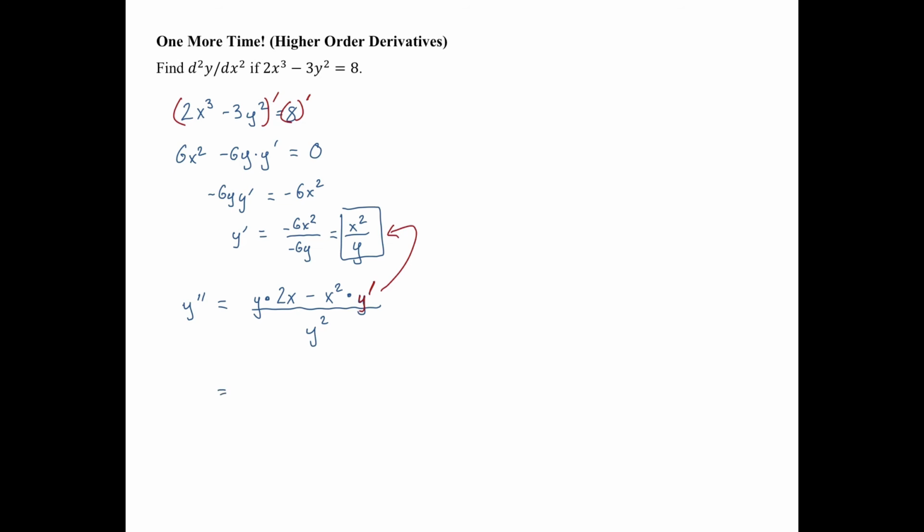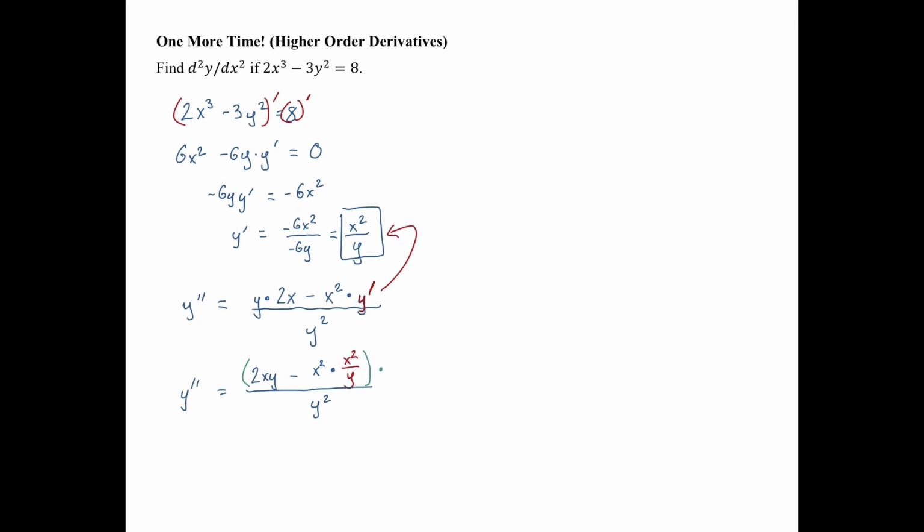So we'll have 2xy minus x squared times y prime, which y prime is x squared over y, and then we have over y squared. So this is y double prime. Typically, it's bad practice to deal with compound fractions because you can see we have this y right here.